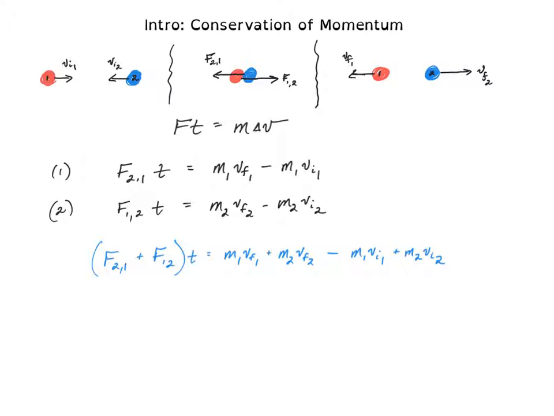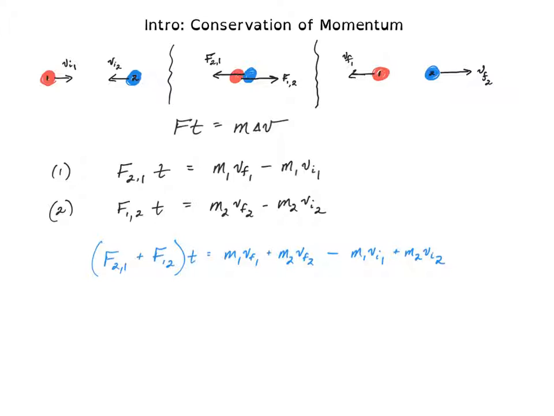So what we're doing here is taking a look at this system as a whole, where we're seeing the impulse. This was breaking down the impulse that each was experiencing individually, and now we've combined all that together.